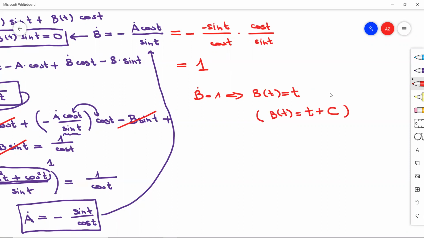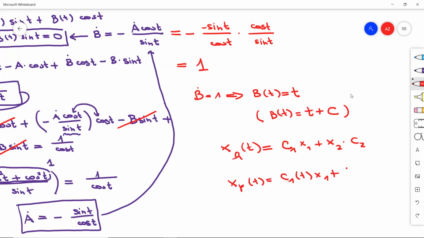Yes, the constant will go away. It will be in fact part of the homogeneous solution. So if we look at x particular, x_p of t, we said the homogeneous part was c1 x1 plus c2 x2, and then x particular is c1(t) x1 plus c2(t) x2.